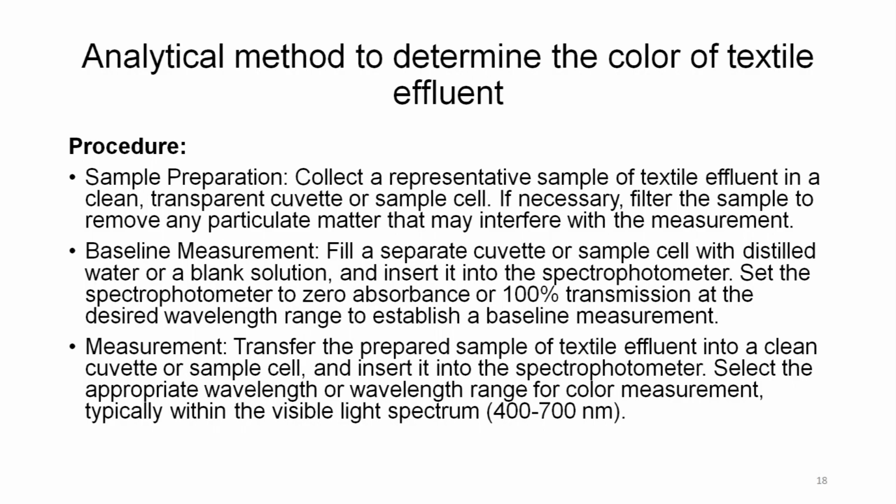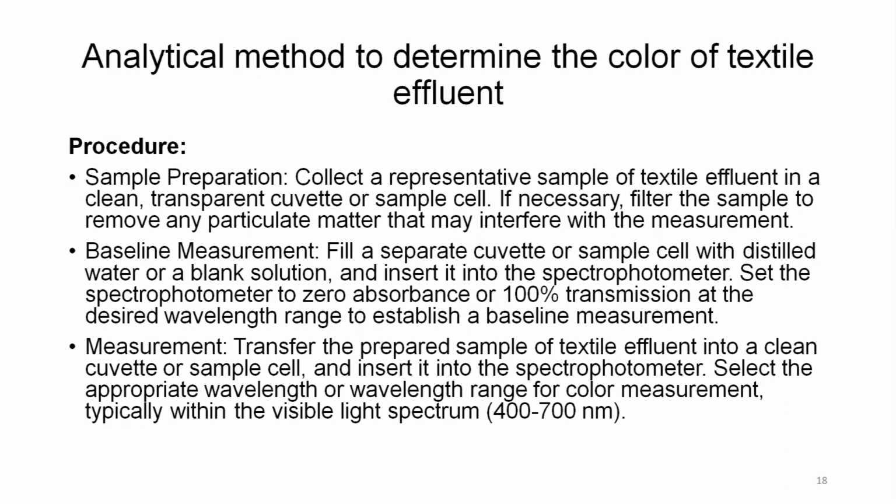Baseline measurement. Fill a separate cuvette or sample cell with distilled water or a blank solution and insert it into the spectrophotometer. Set the spectrophotometer to 0 absorbance or 100 transmission at the desired wavelength range to establish a baseline measurement.